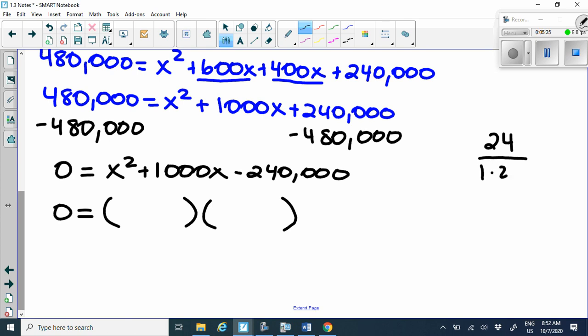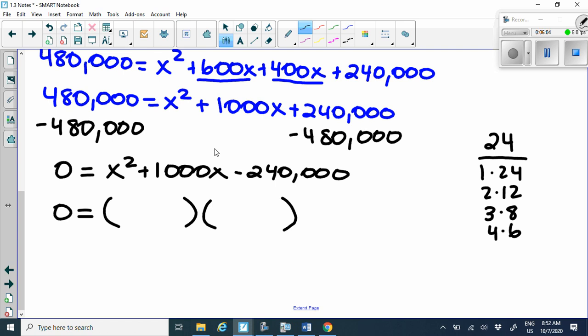Well, we have 1 and 24, 2 and 12, we got 3 and 8, and 4 and 6. Now, we got rid of those zeros, so we're going to do the same thing here. We're going to get rid of our zeros. So we're adding up to 10. Which one will give us our 10?